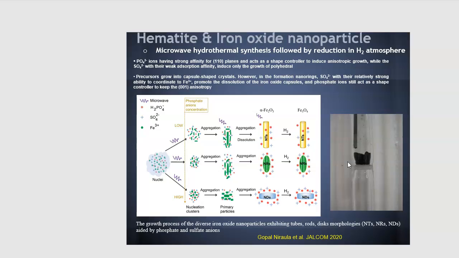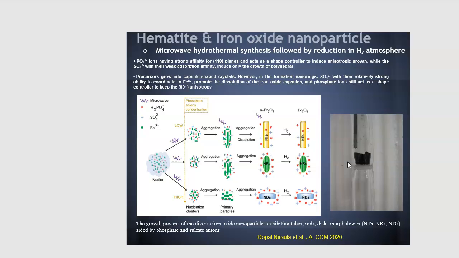We found that by controlling the phosphate to sulfate ratio, we can tune the morphology of the nanoparticles. For example, when using a low phosphate to sulfate ratio, we obtained hollow nanotubes, but when this ratio is high, we have a nanoring sample.